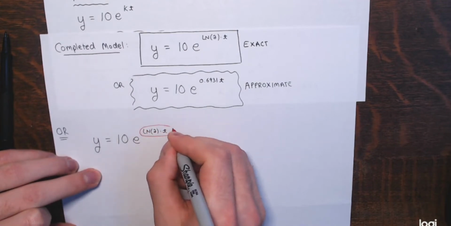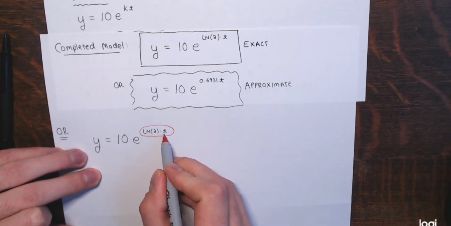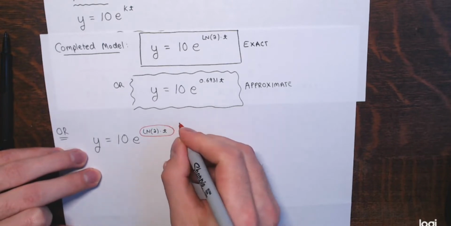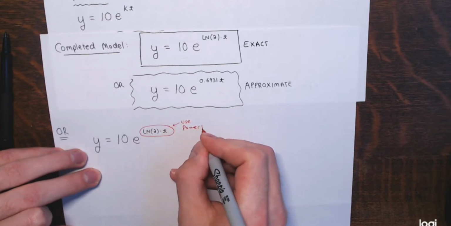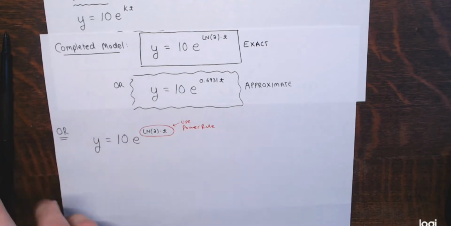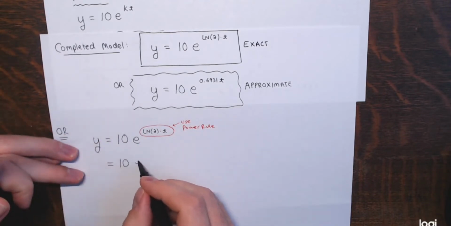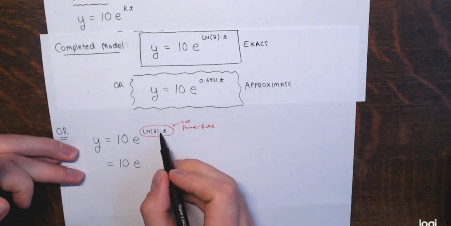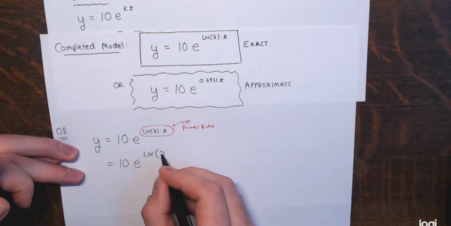Because I have the natural log of something and then it's being multiplied by an expression, I can use the power rule for logarithms here, and then it looks like this. This would be 10 times e, and then I put that thing that the log is being multiplied by in as a power. This would be the natural log of 2 to the t power.